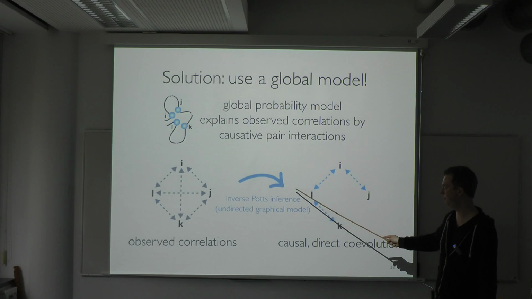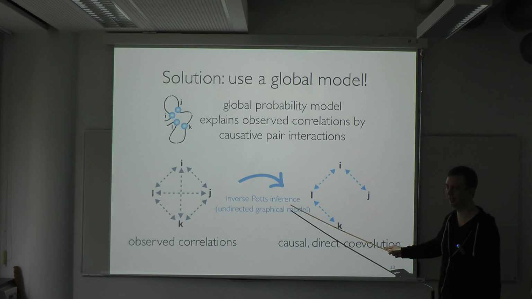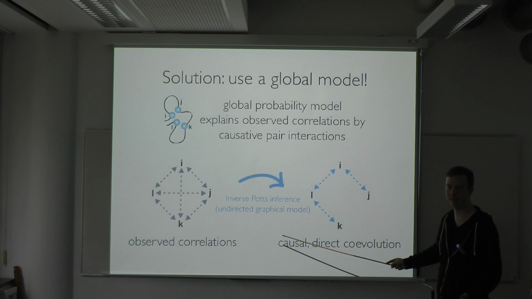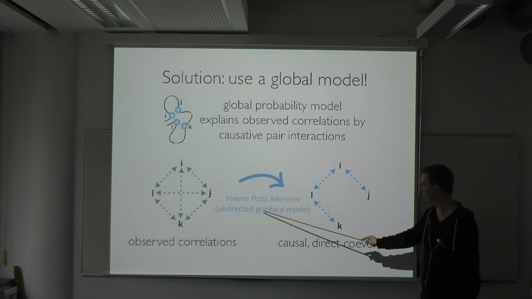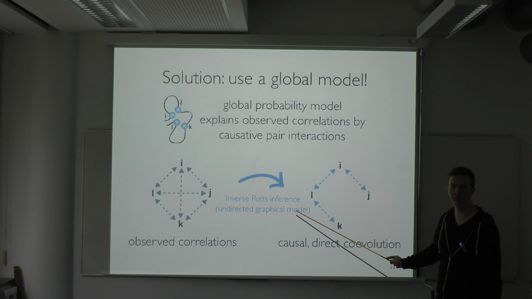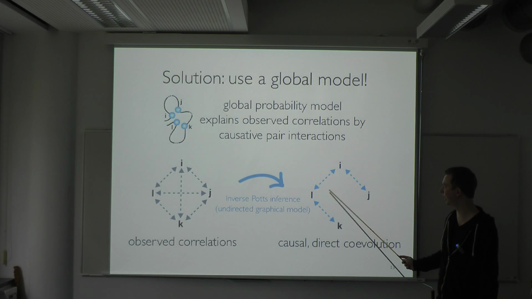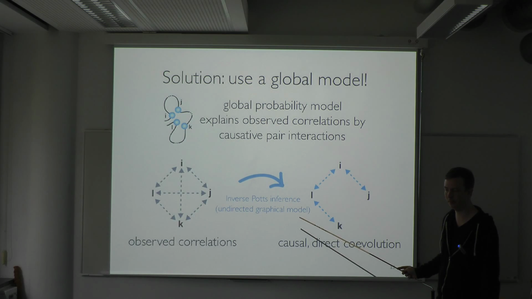This basic problem has been known for decades in physics, but biologists just didn't think of applying the techniques that had been developed in statistical physics to this biological problem. There is a second name for this: what we're using is an undirected graphical model, which is more the statistics community's term. It's also been well known for years that you can do this, and it's just been sitting there waiting to be applied to this particular problem.